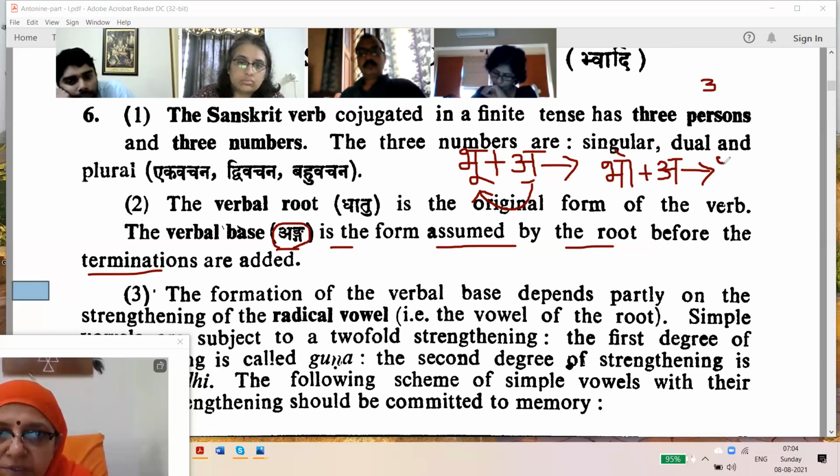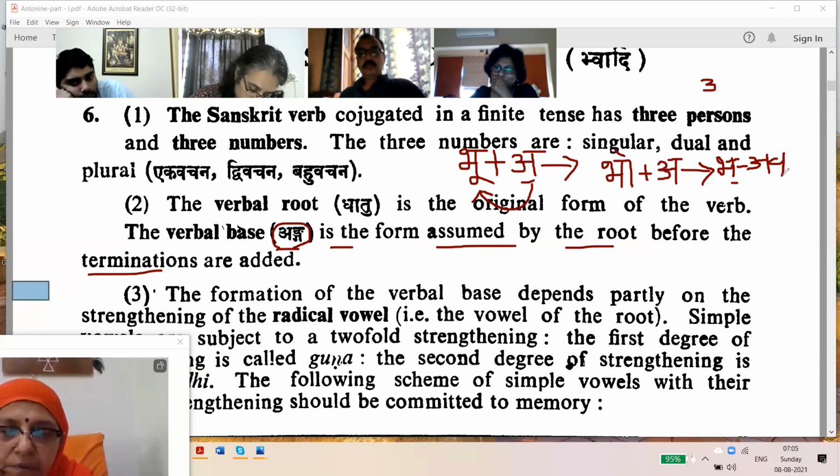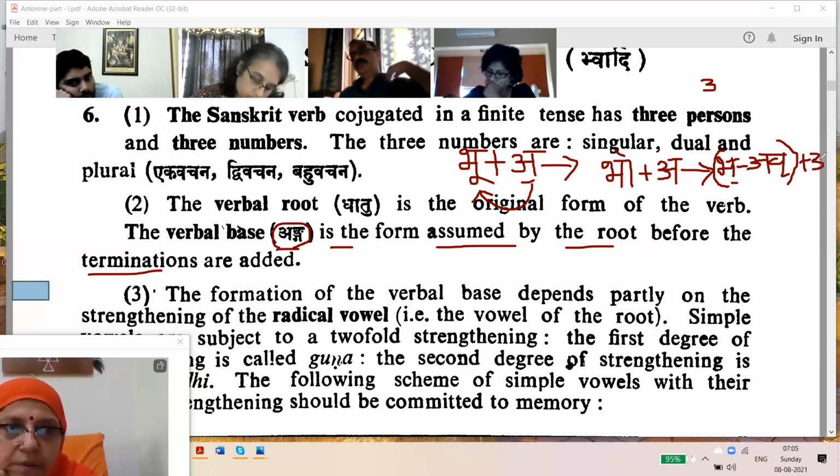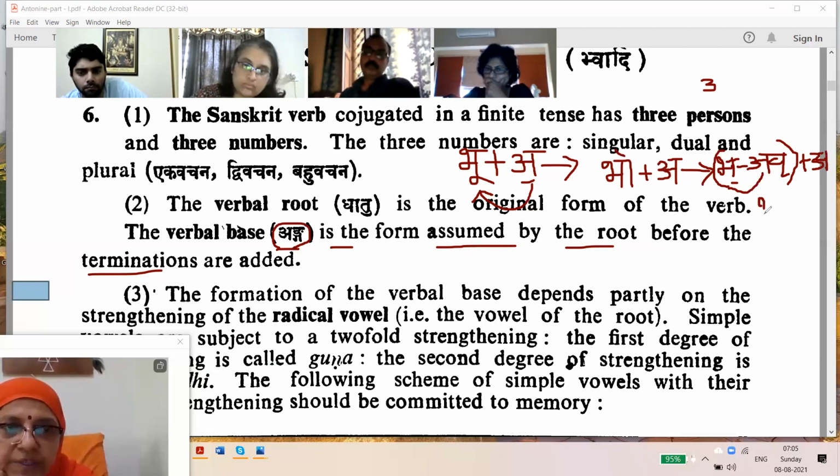So, half bh, o, in one bracket, plus a. It's half bh and akara joined becomes whole bha with akara, and va and a becomes bhava.